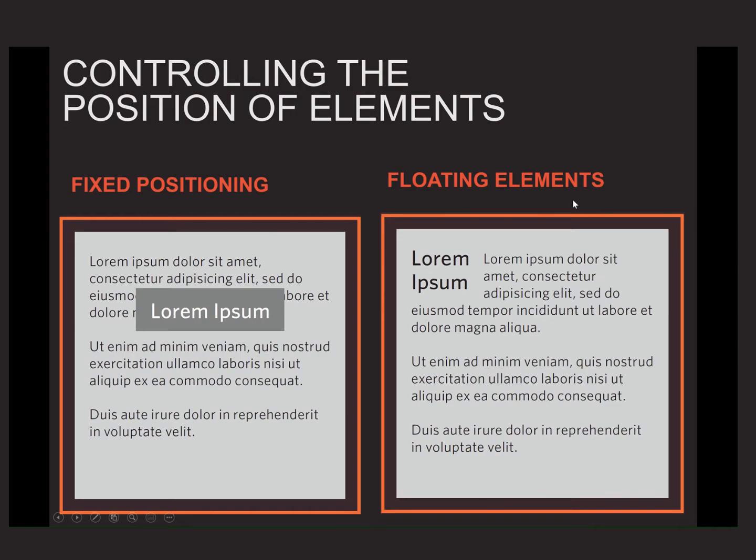If you scroll up and scroll down, this will move as well because it's floating. It is not defined based on the containing element. It floats together with its surrounding elements, so it will disappear if you scroll down a little bit or scroll up. It just moves together with others.